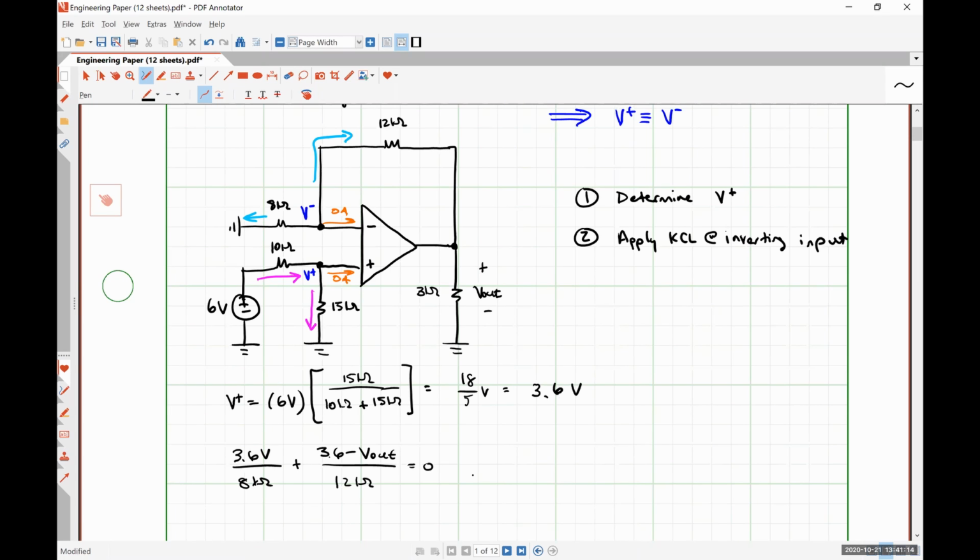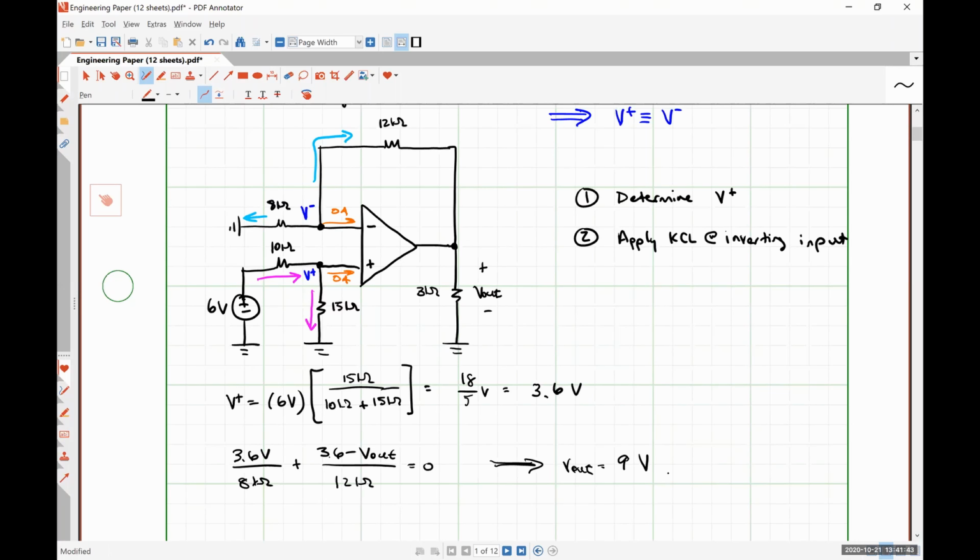We have one equation, one unknown, so we can solve for it pretty easily. So that's going to be 9 volts, if my math is correct. Take a moment to verify that.